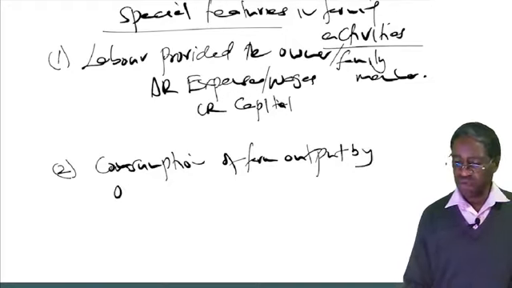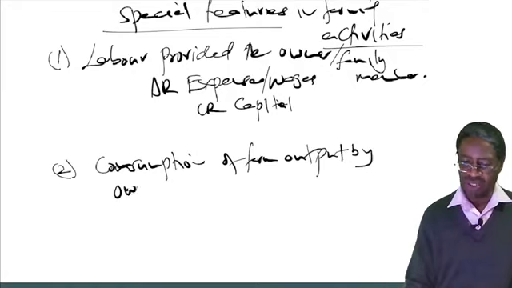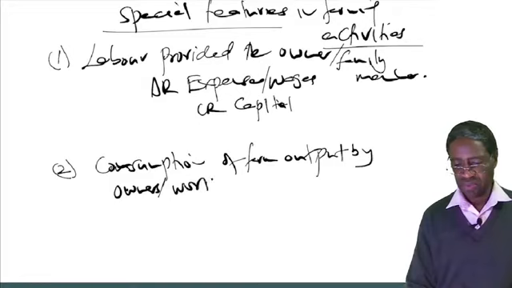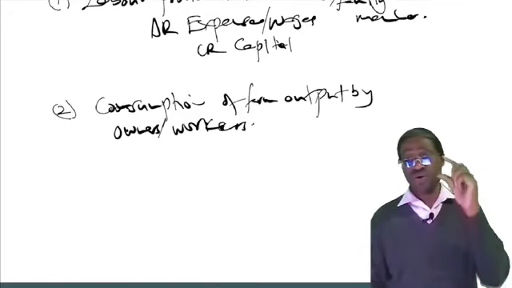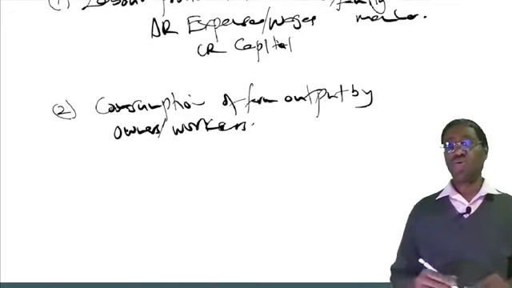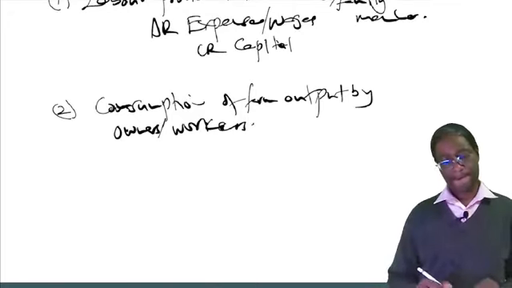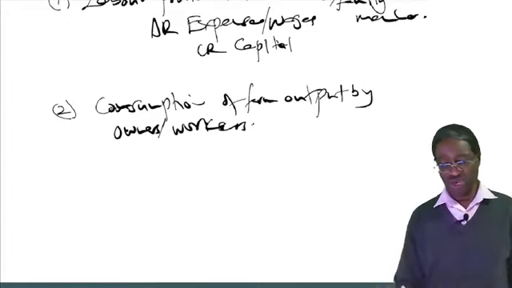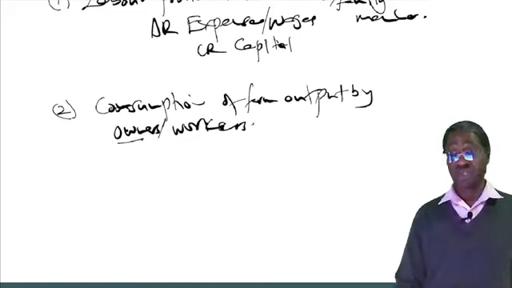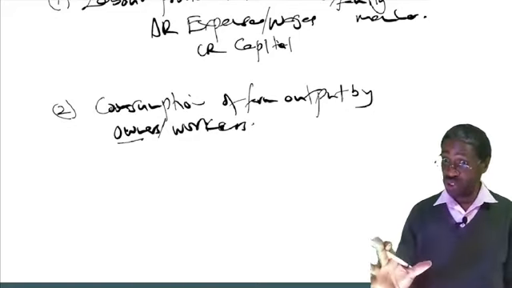Consumption of farm output by owners, stroke workers. Let me start with the owners because the treatment is different. I've already told you. Listen.